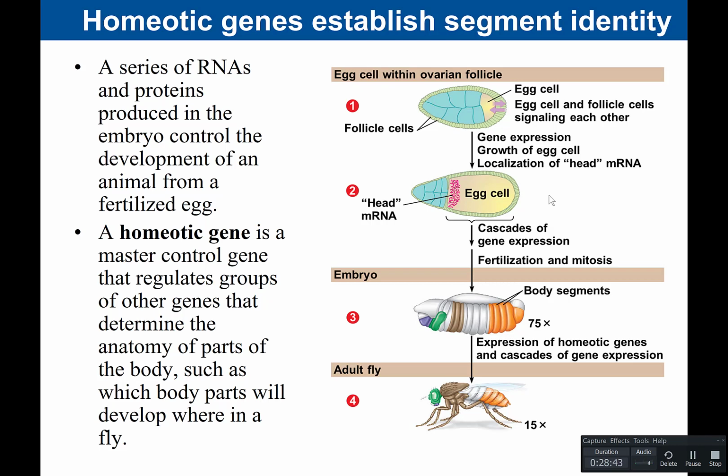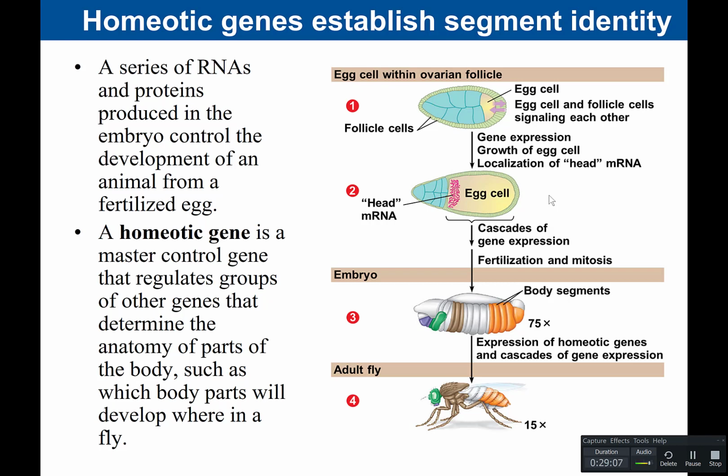And so when this happens, you get this cascade of gene expression. You get fertilization and mitosis, right? So the egg gets fertilized, and that's how the embryo knows which end is going to be the head, which end is going to be the tail, etc. There were a lot of interesting studies done about how this process is regulated.